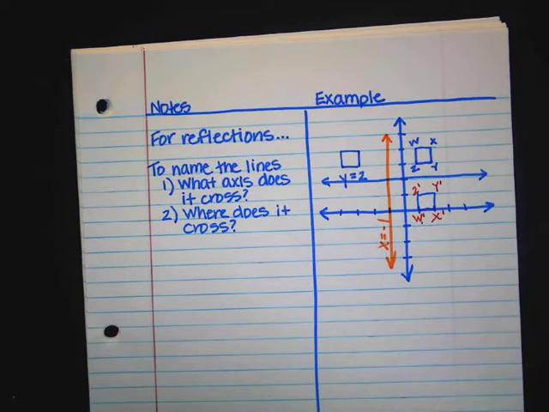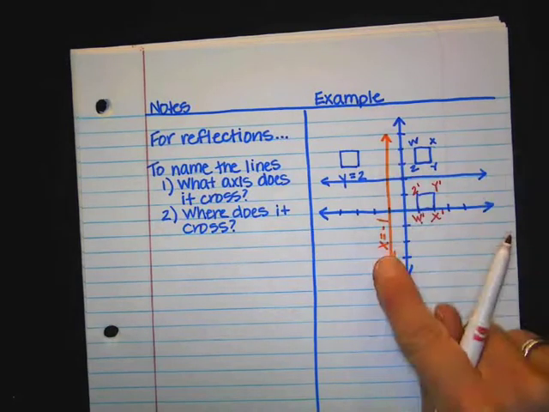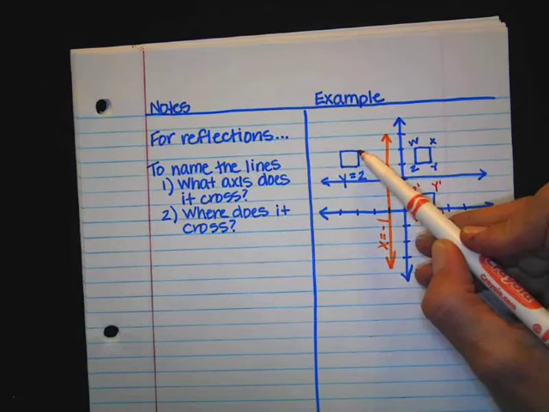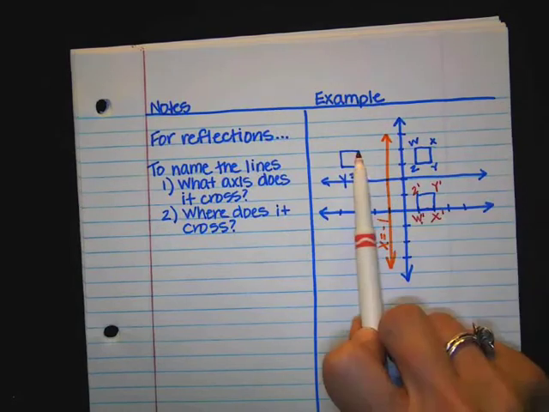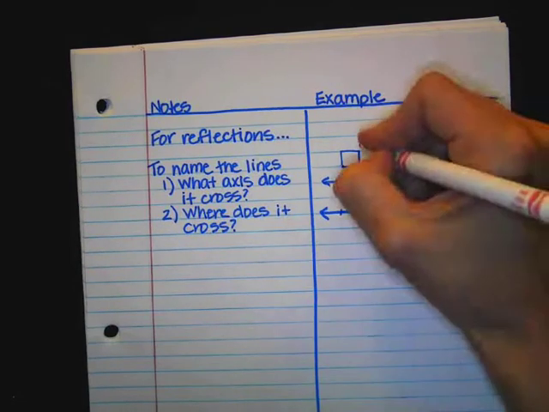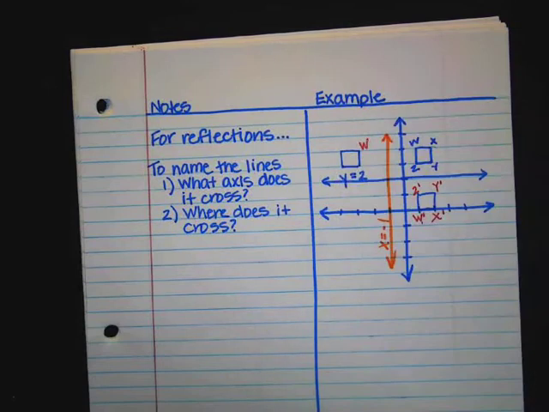I sure do. Okay. This is my mirror here. So what goes at this corner? Y, and then W. Now, is it going to be W prime or W double prime? Where am I reflecting it from?